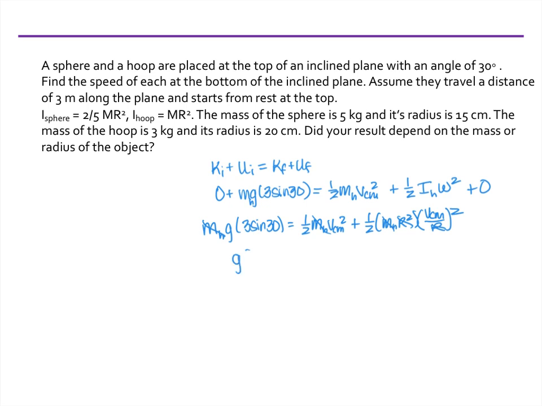I get g times 3 sine 30 equals 1/2 v CM squared. Here we just have 1/2 v CM squared. So I can add a half and a half. That one's easy.